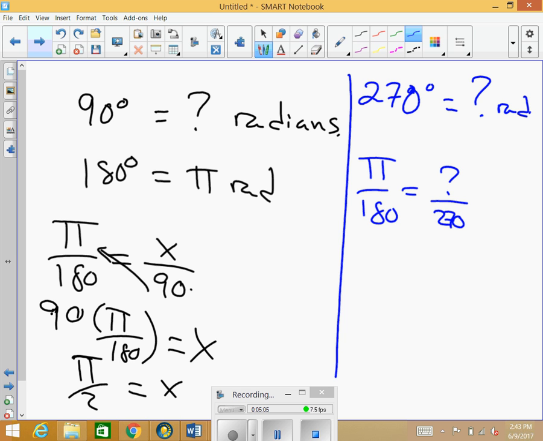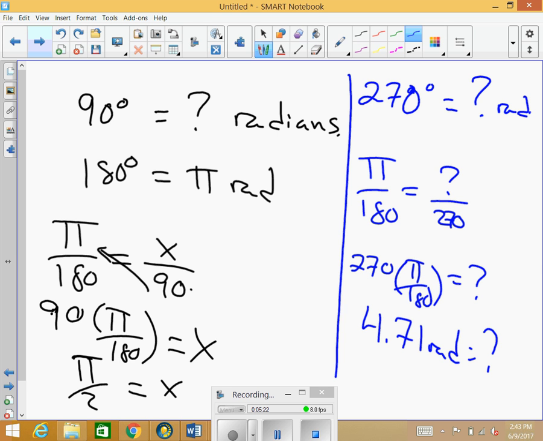So cross multiply, so it's 270 times pi over 180. And that gives us, let's see, 4.71 radians. So you use this as a really good catch-all for the way we can convert between the two.